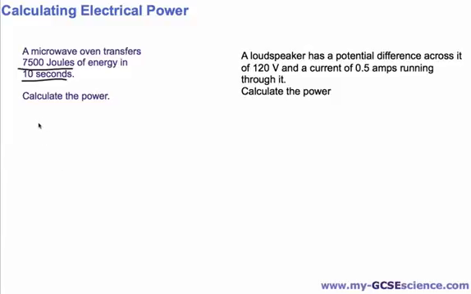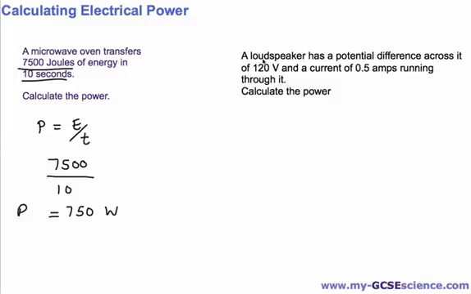So that really should lead us to P equals energy transferred over time, because those are the two values that we have. And very simply then it's a case of plugging in the numbers. So it's 7,500 over 10, which is 750. So our microwave oven has a power rating of 750 watts. Okay, so that's 750 joules every second of energy that is transferred by the microwave oven.